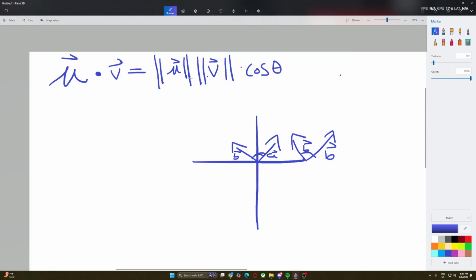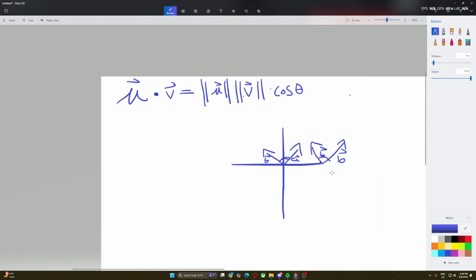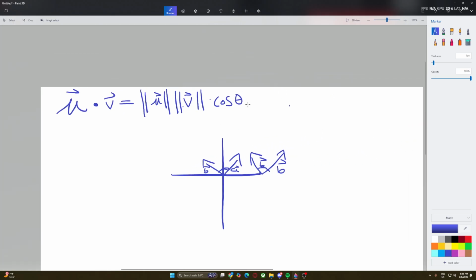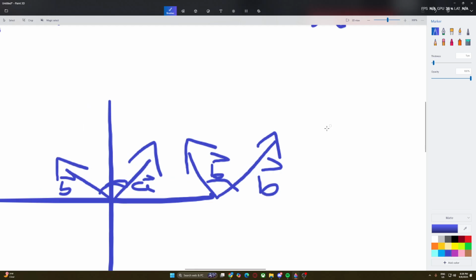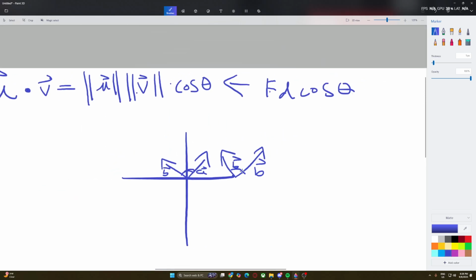The dot product, I don't know what it does. Don't ask me what it does. If you know physics, this looks awfully like F d cosine theta. Say this is force, and the action is to this side.